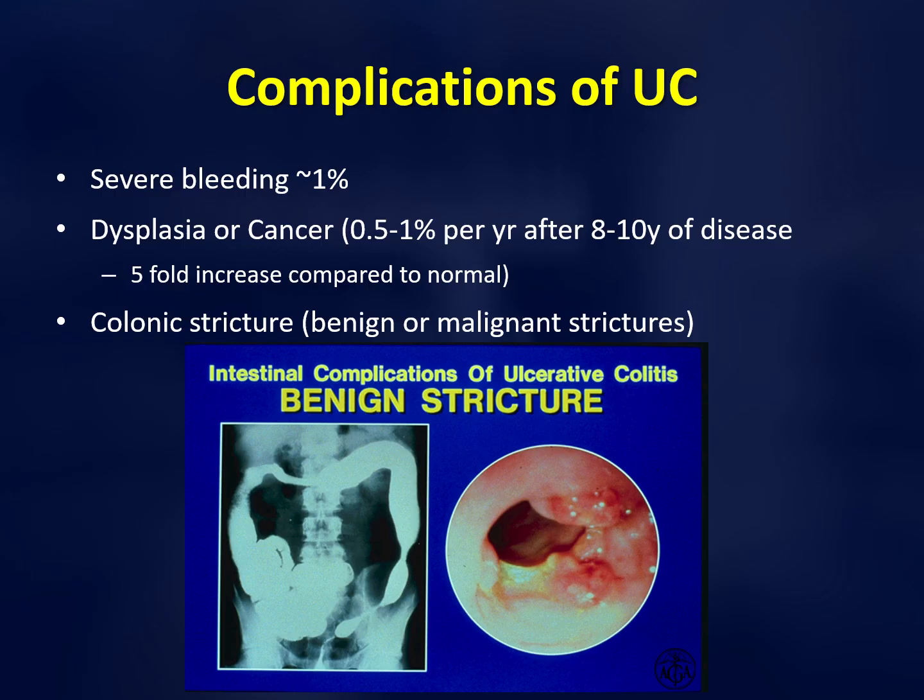To the right, you see a stricture. You see a concentric decrease in the luminal diameter of the colon, and this is very suspicious of malignancy. When you see this in the colon of a patient during endoscopy, you should always take biopsies to rule out a colonic neoplasia developing on top of dysplasia due to long-standing inflammation.